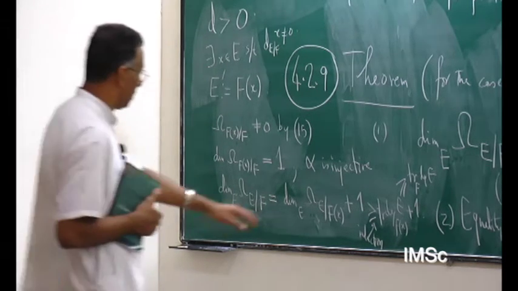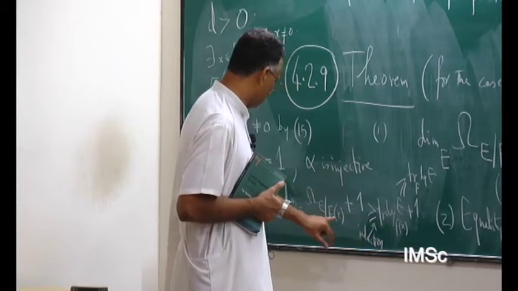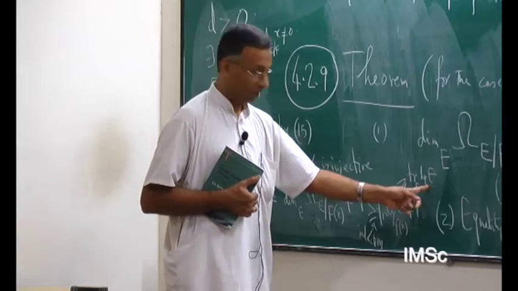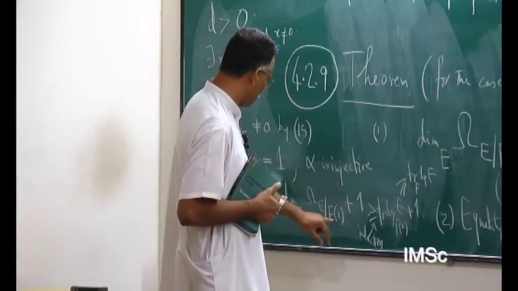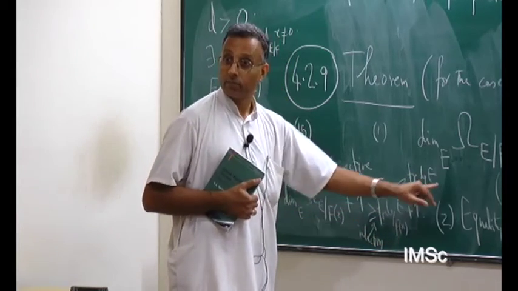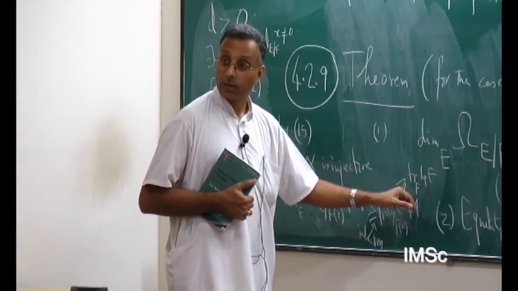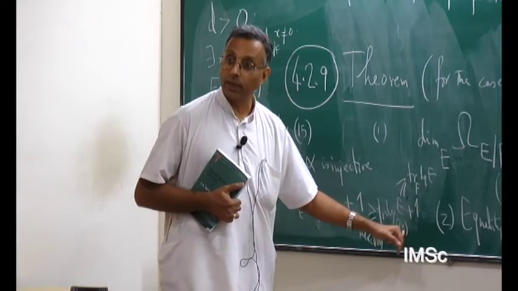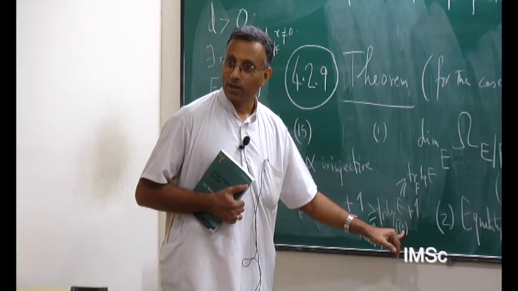So to repeat, the fact that these two are equal implies two things, as Gautam correctly says. One is this, and the other is this. This is an equality, but for this to be an equality, x must be transcendental over f.